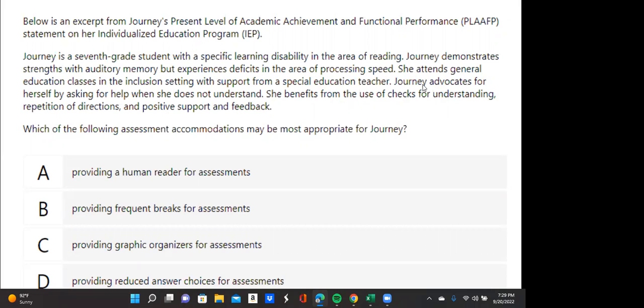Which of the following assessment accommodations may be most appropriate for Journey? We want her to continue to be successful. So what type of accommodation could we allow for Journey when it comes to her assessments?